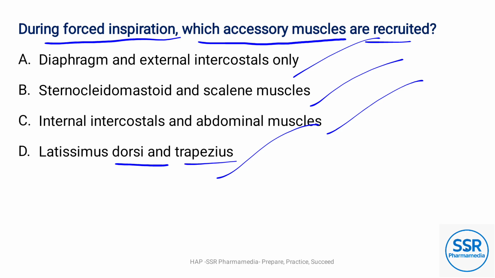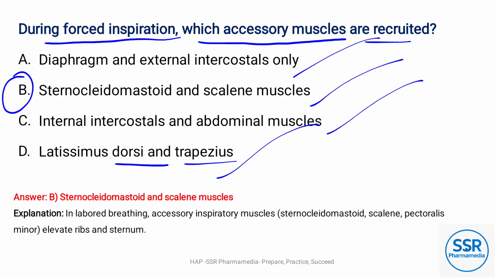So the answer is option B, sternocleidomastoid and scalene muscles. In labored breathing, accessory inspiratory muscles are involved, which elevate the ribs and sternum during respiration.